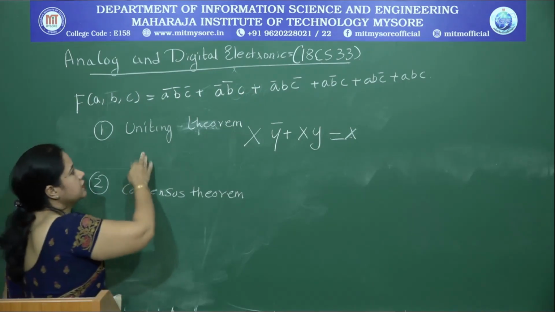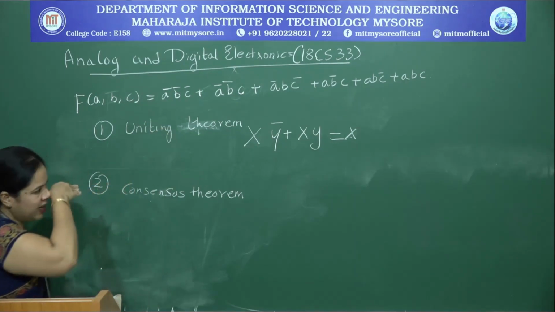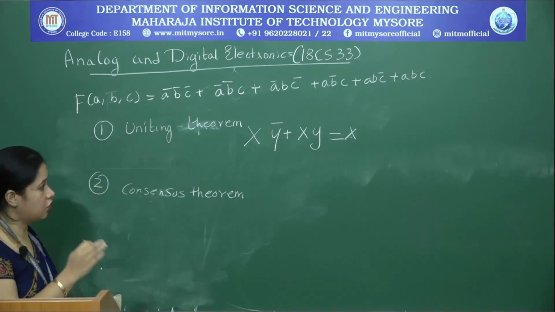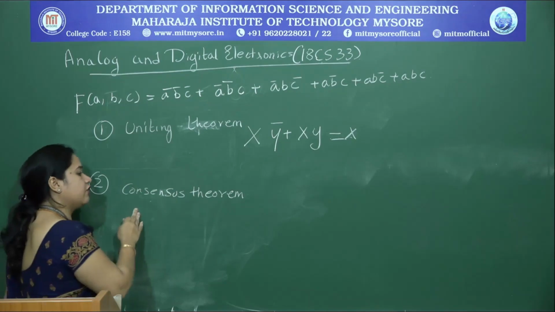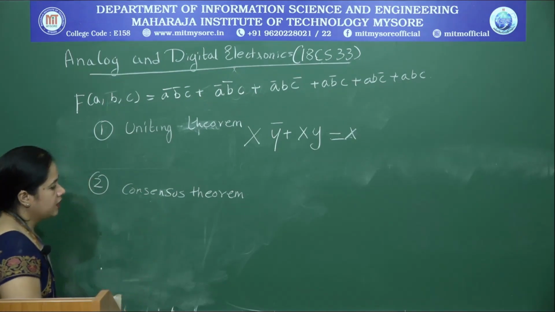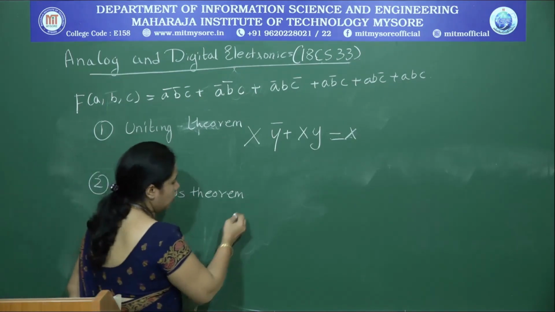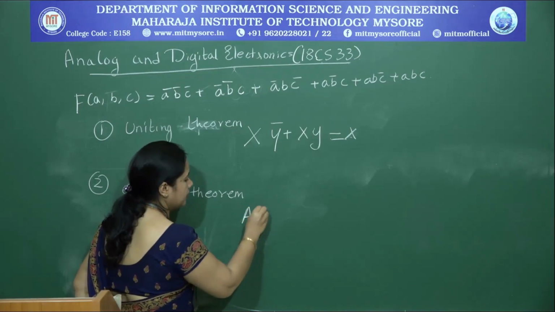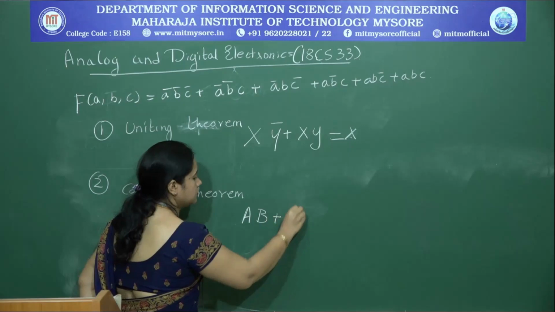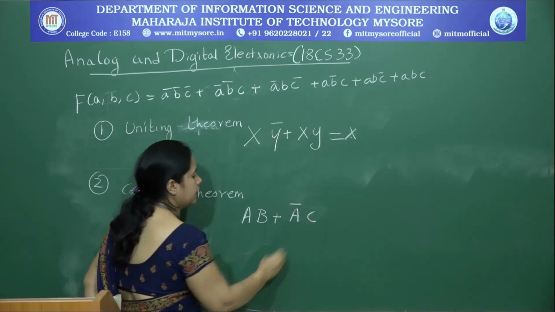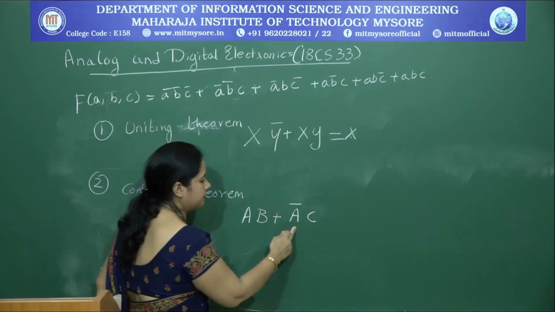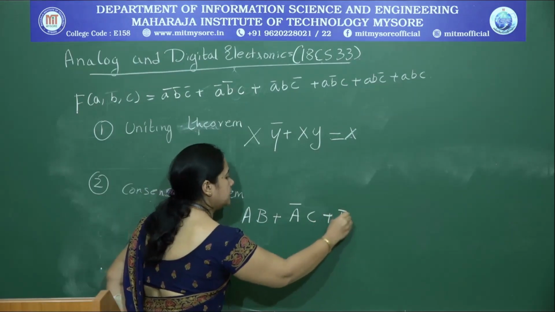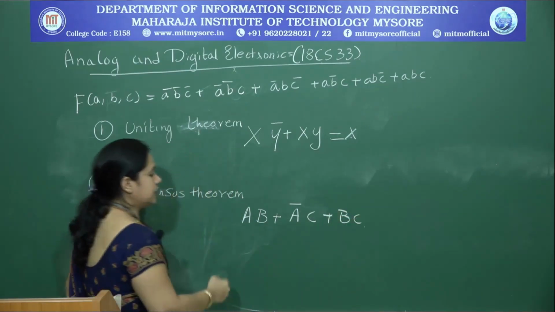This is the uniting theorem which we go on applying on a given expression till further simplification is not possible, and then look if the consensus theorem can be applied. According to the consensus theorem, say you have literals A, B, C, and an expression something like AB plus A bar C plus BC.